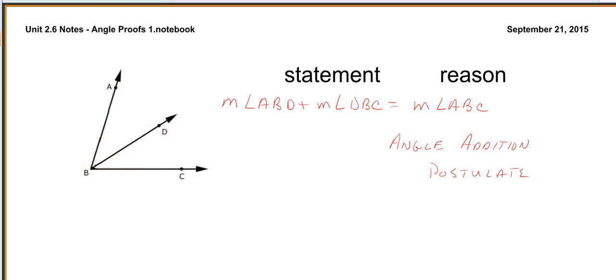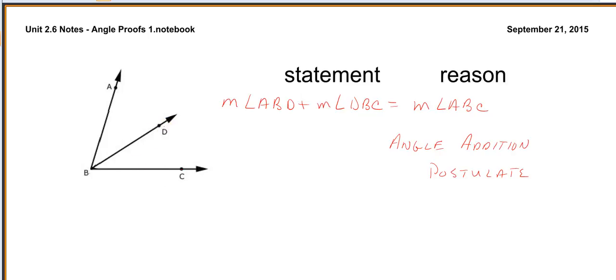Okay, the next postulate that we're going to have is the angle addition. And you can see that when I look at this, there's nothing related to congruent angles here. So I can't say that angle ABD is the same as DBC.